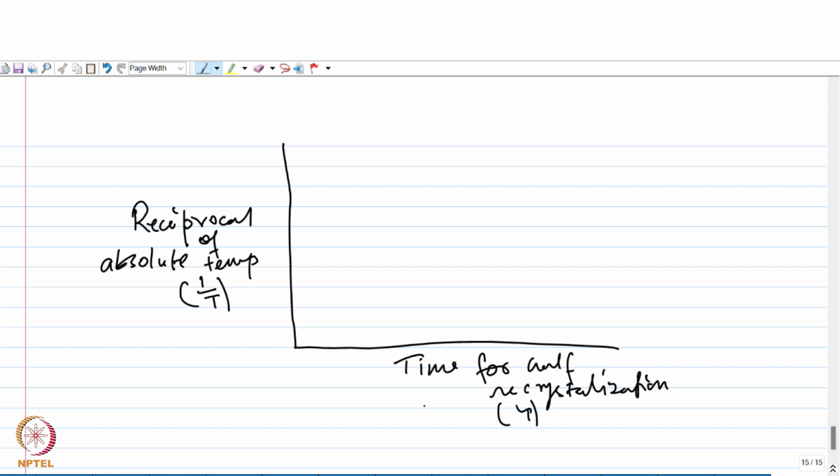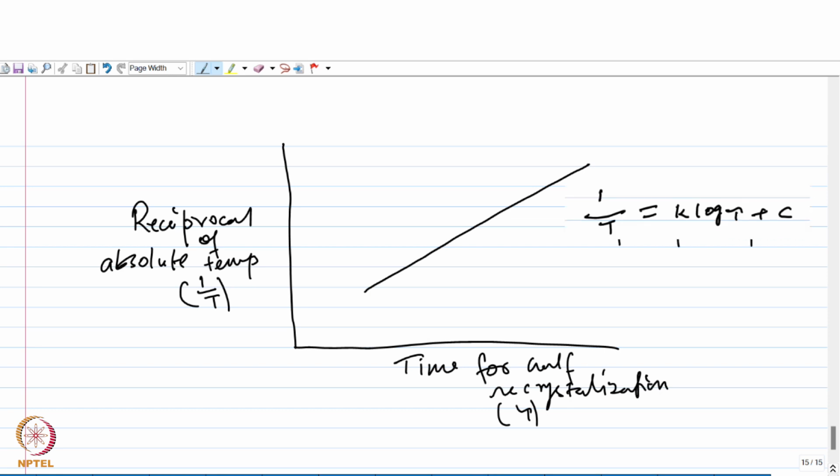That is tau. Okay. So this will give rise to a straight line like this, which can be expressed by an equation like this, where k is the slope of this line and c is the intercept. And both of these are constants.